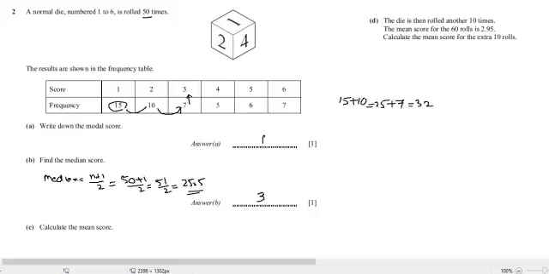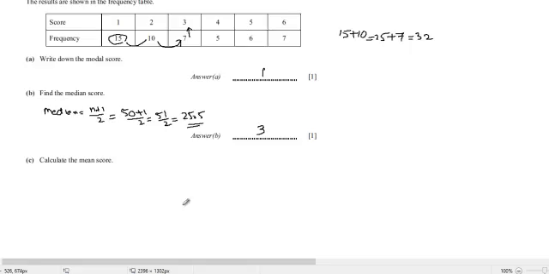Next one is to find the mean score. For a mean score, because we have a frequency distribution here, this is grouped data, not ungrouped data. So what students normally used to do is add all the scores and divide by 6. So it's not like that, because we have a frequency distribution. So we'll apply a formula that is summation fx divided by summation f.